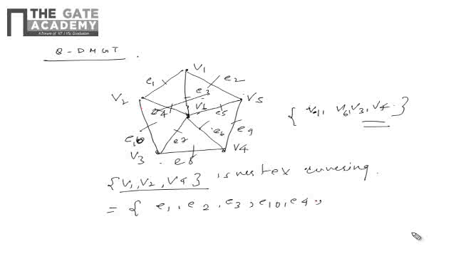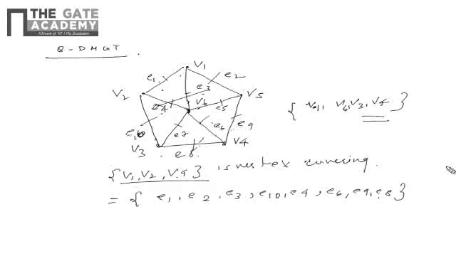Now when you're talking about v4, e6, e9 and e8 are incident on it. For v2 we got e4, e10 and e1, and e1 is already included in v1.